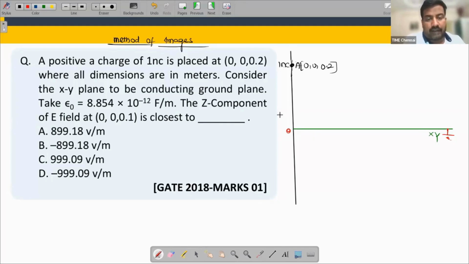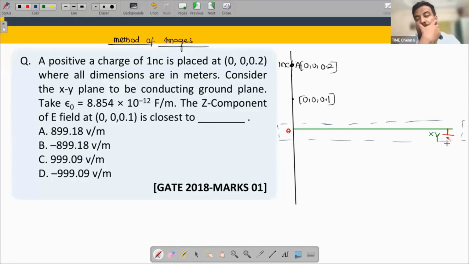The z component of electric field at 0 comma 0 comma 0.1 is closest to. So again, the case of method of images, only one charge is given separated by some distance d from a conducting infinite ground plane.